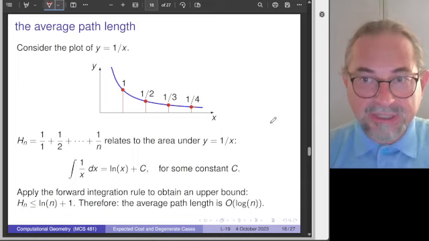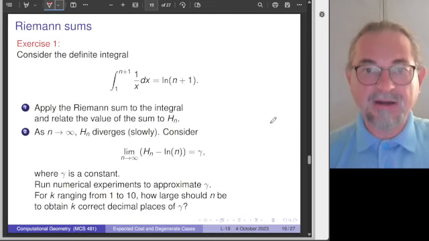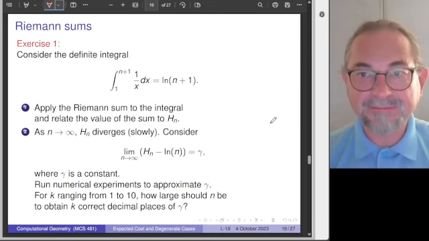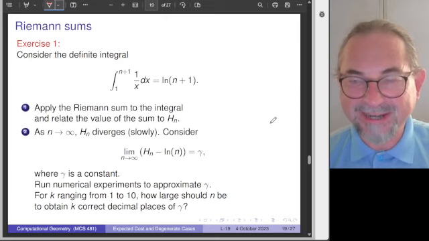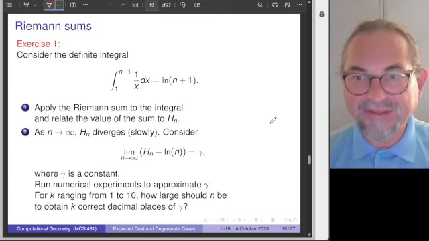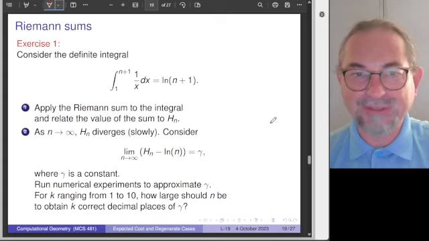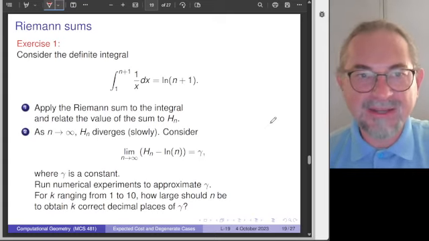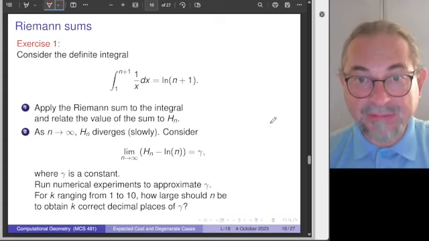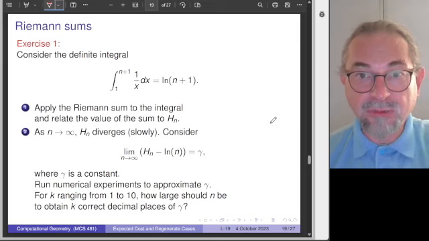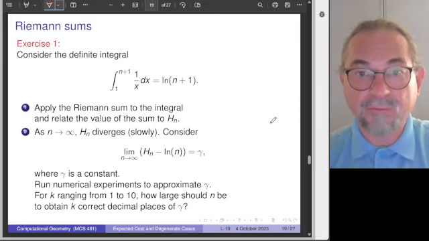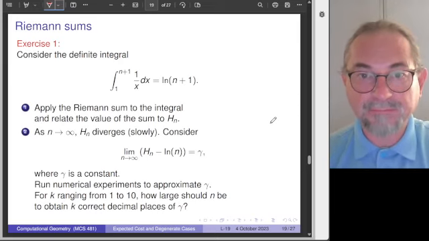Okay, so a suggestion is to backtrack, but the forward integration, what I said, is referring to the integration rule, how it is known in numerical analysis. In calculus, you must have seen Riemann sums. And here you can relate Riemann sums to the numerical approximation of 1 over x.